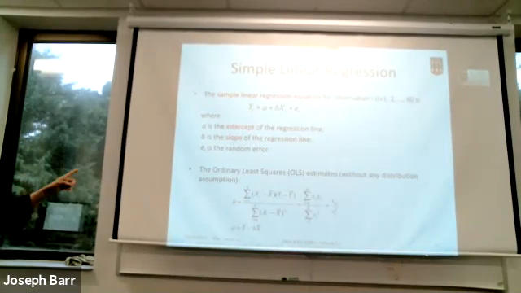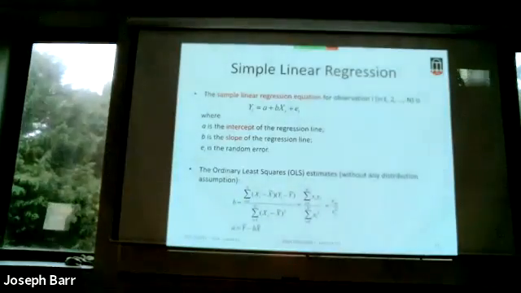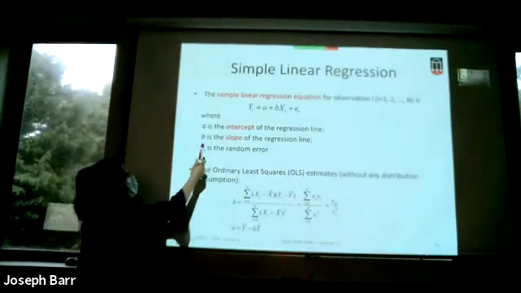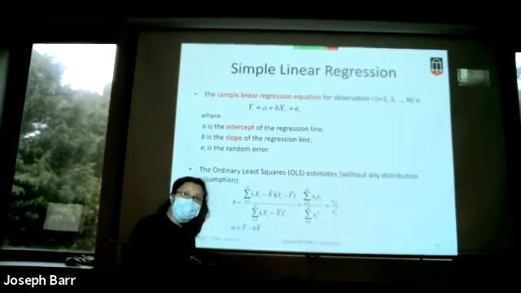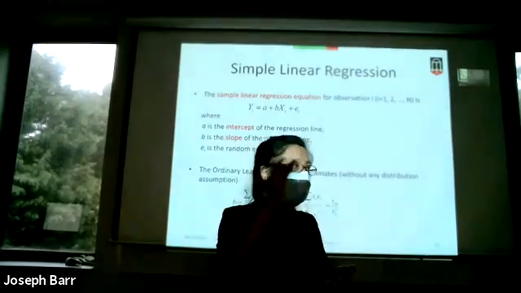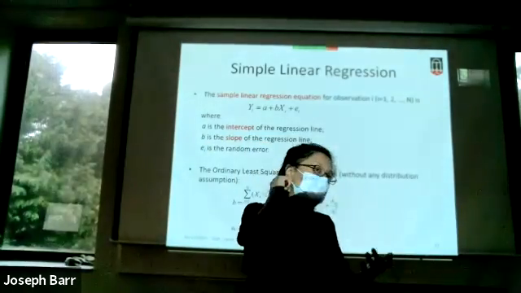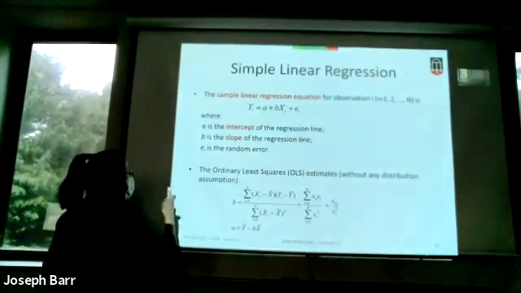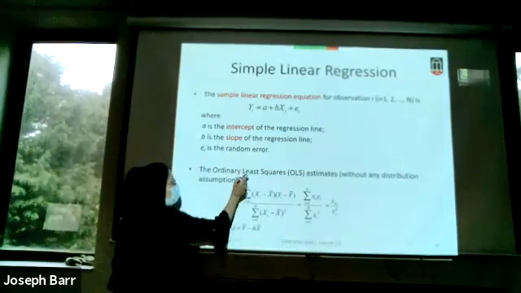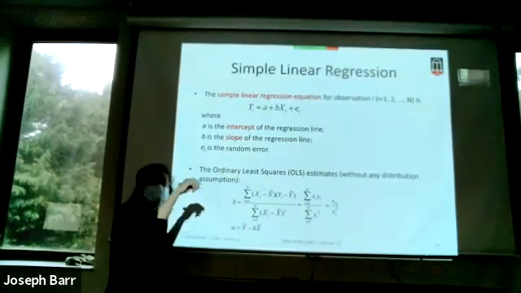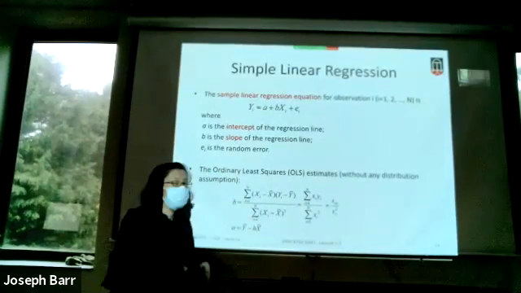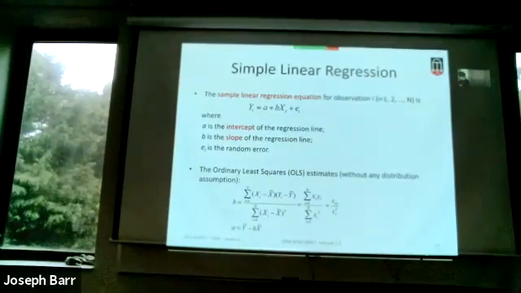And then how to get A and B? We just explained A and B, but how do we get the values of A and B? We have a lot of estimation methods. The most popular one is called OLS, the ordinary least squares estimation method. Least squares, minimum squares.